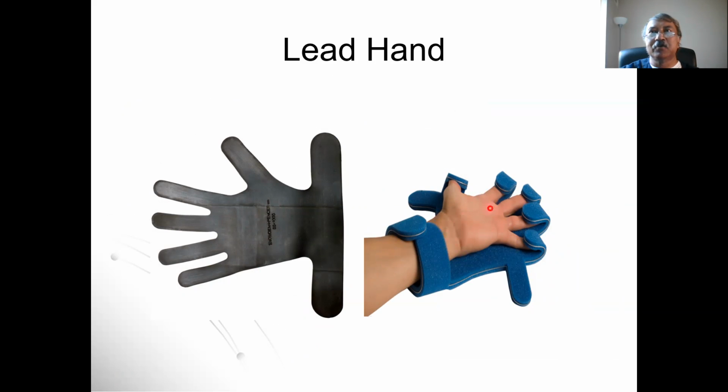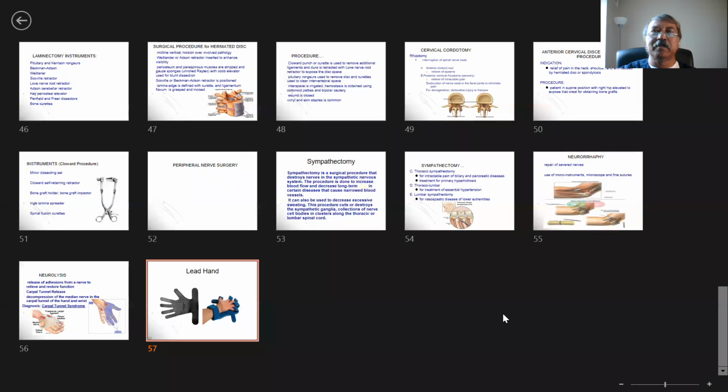It usually works better when they're doing microscopic anastomosis of nerves or vessels. So the lead hand is another instrument that you need to get when you're doing hand surgery. So that is where I will stop.